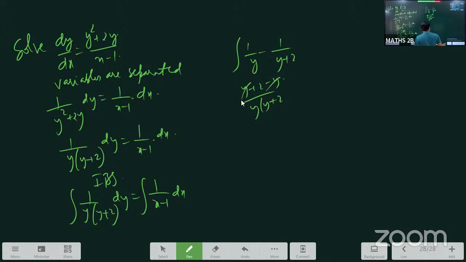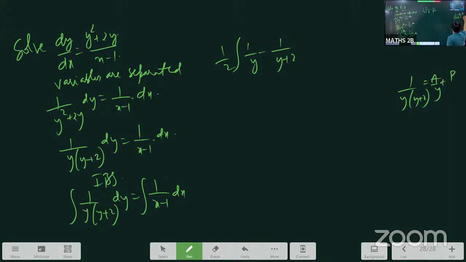So since I'm getting extra 2, here we are going to multiply and divide with 1 by 2 outside. Sir, we are unable to do directly. See here, 1 by y(y + 2) is a by y plus b by (y + 2). That is 1 equal to a(y + 2) plus by. Now do partial fractions. You'll get your required answer.